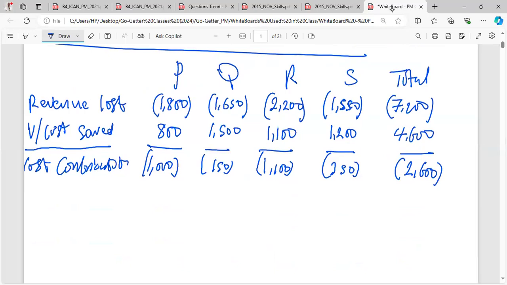Then the specific fixed costs, you save them.